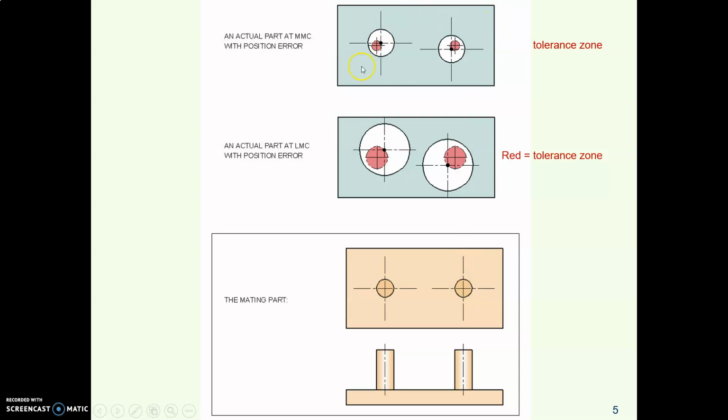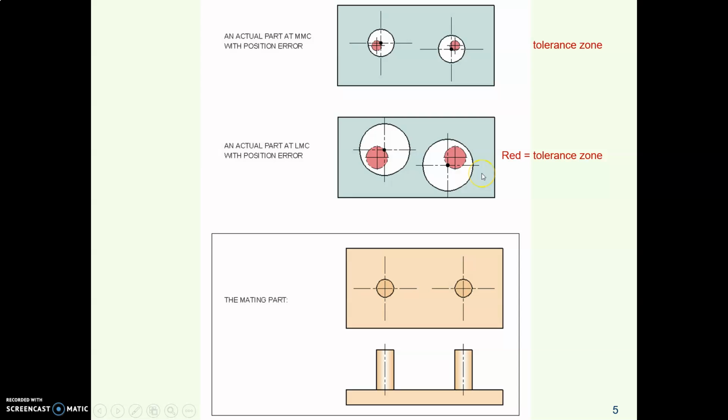So let's say this block with the holes is supposed to fit over this thing with the two pins. And as you might picture, if you make a part with smaller actual holes, you have to be closer to true position in order for the thing to fit over the pins. However, if you make the part with holes on the larger size, they could be way out of whack, and this part will still drop over those pins.